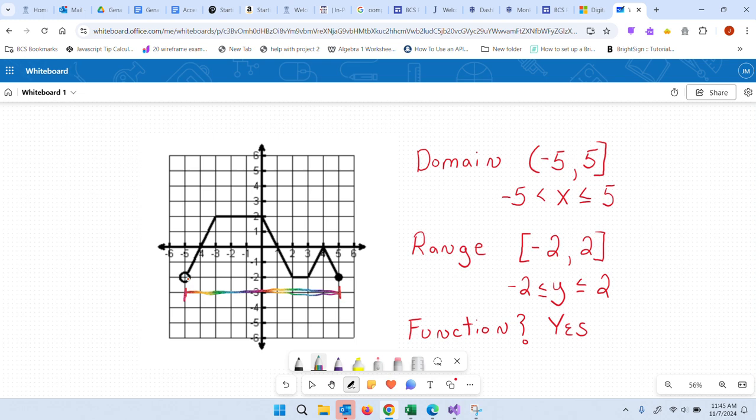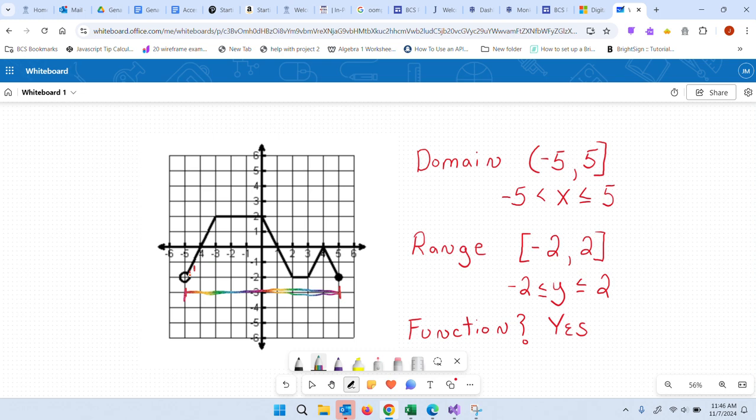It can never be a -5, but it can be all the way up, going backwards from 0. It can be a 1, a 2, a 3, a 4, a 4.5, a 4.8, a 4.99. It just can't be a 5. That's why it's an open circle. That means it's not inclusive of 5.